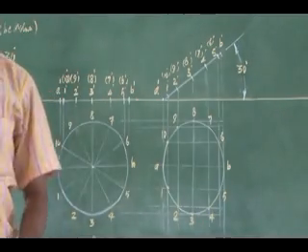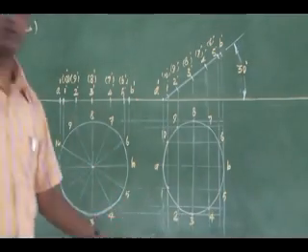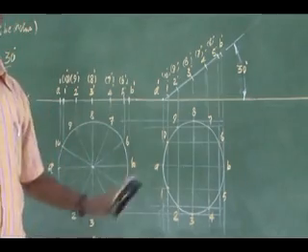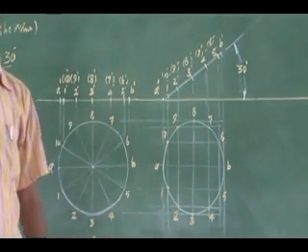Right. This is my top view, right? So it looks like an ellipse, okay. So you connect all the circular points. This is the top view.